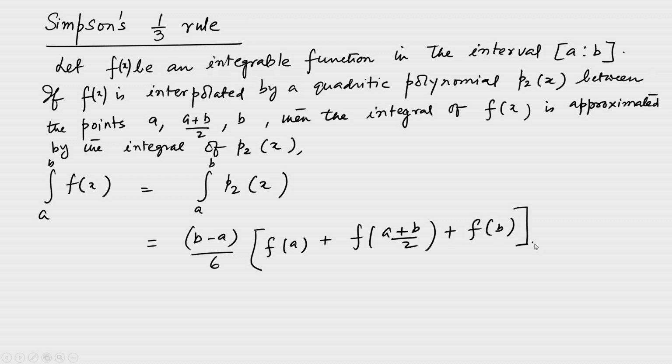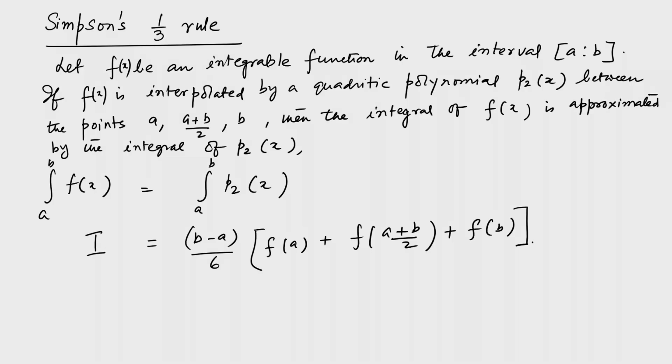Now, one thing worth noting here is that we have used Newton's interpolation formula for arriving at this expression of Pn(x) or the P2(x). We can as well use the Lagrange's interpolation or any other interpolation, and even Taylor series expansion of a function about a certain point is also going to give us the same formula.